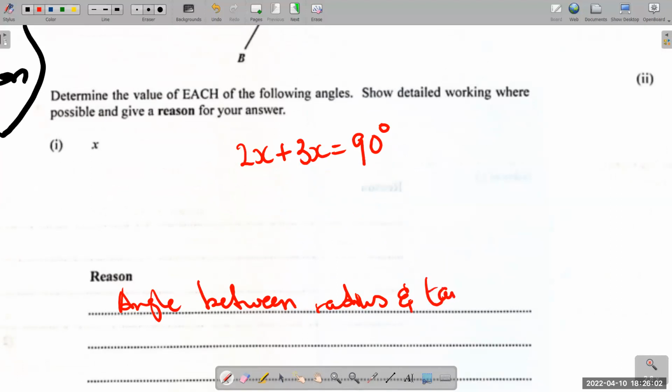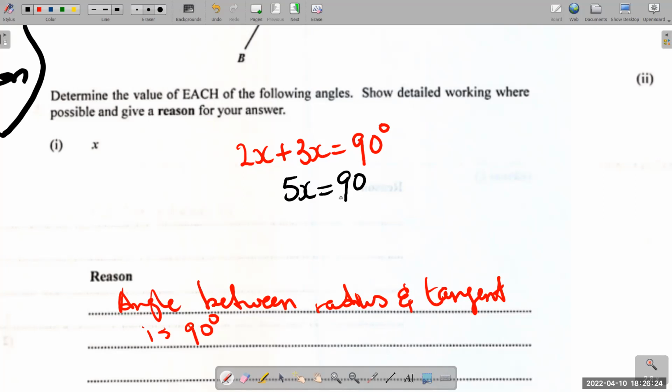Excellent. And tangent. You have to say it: the angle between the radius and tangent is 90 degrees. You must say it. Then, based on what we know, we can solve for X. Don't we know how to solve for X? We continue. We know 2X plus 3X is what? 5X. 5X is equal to 90.